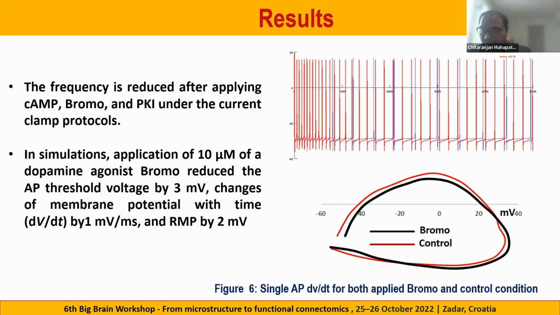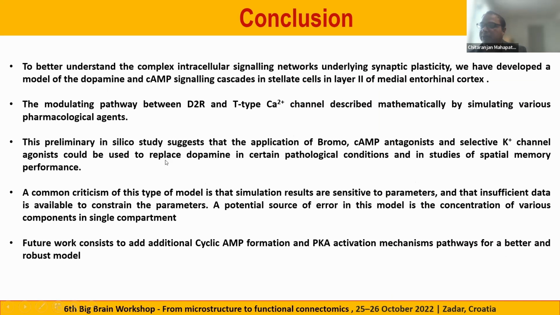So, okay, this is the conclusion: because of the mechanism between the D2 receptor and T-type calcium channels, the excitability is decreasing, and the PKI, cAMP, and bromo are responsible for decreasing the conductance of the T-type calcium channel. So as the T-type calcium channel conductance changes, the threshold to evoke the action potential is increasing.